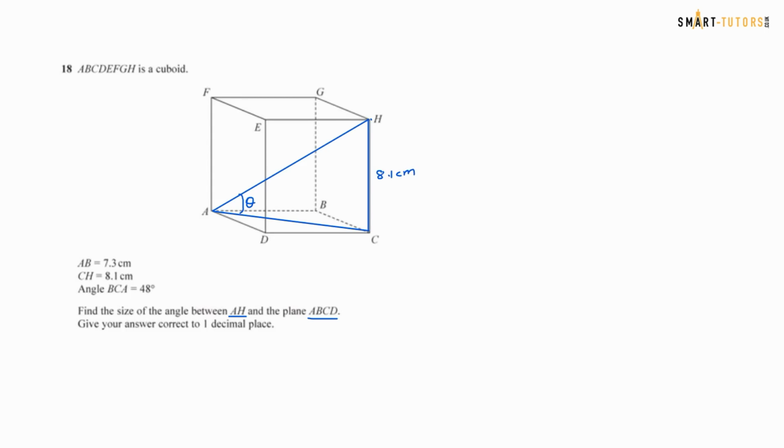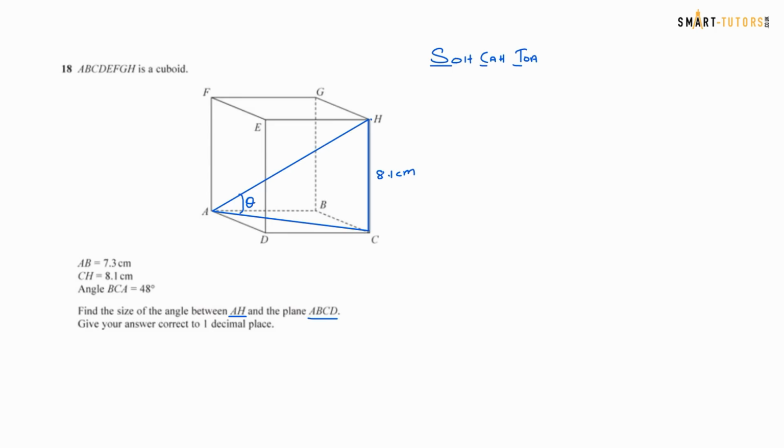And I need another length to find out theta, because using the so-called SOH CAH TOA rule: sine is opposite over hypotenuse, cos is adjacent over hypotenuse, tan is opposite over adjacent.